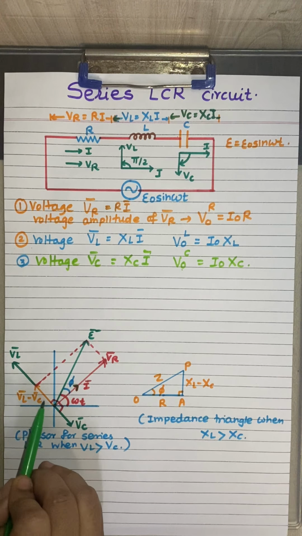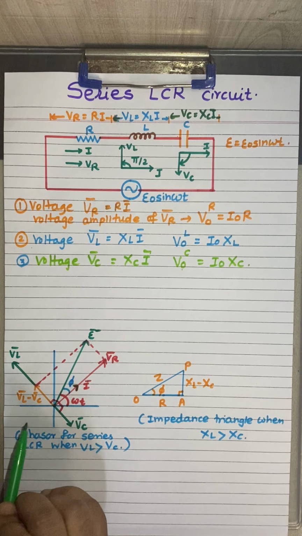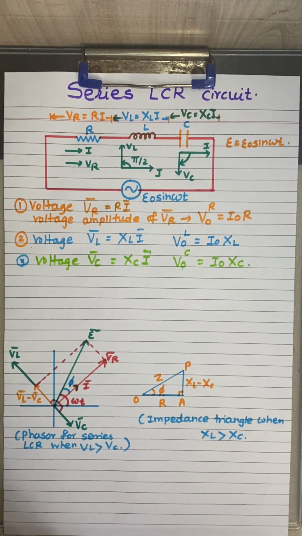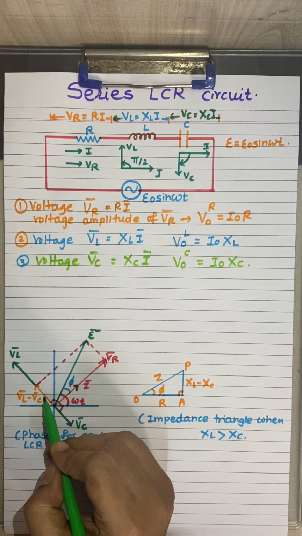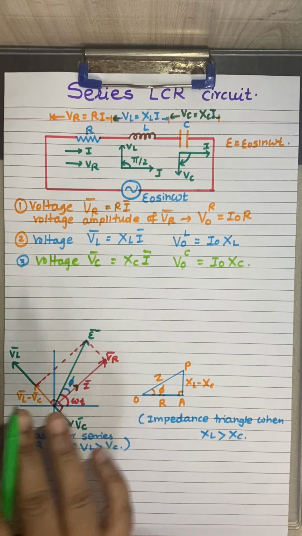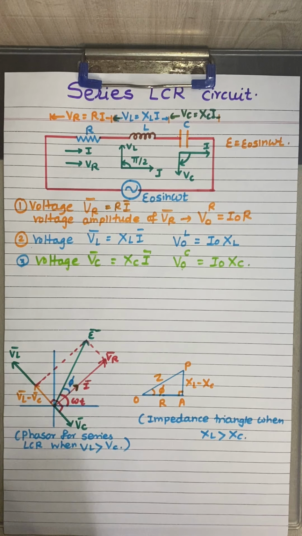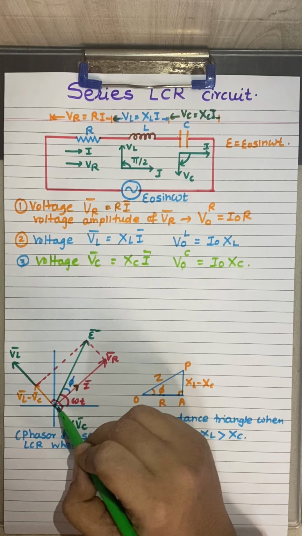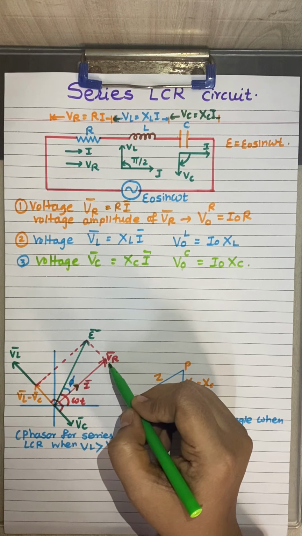This orange color phasor now represents the resultant of VL and VC, that is VL minus VC. So VL minus VC is the resultant of VL and VC on the same side. Therefore this is VL minus VC, and this is VR, the voltage across the resistor.